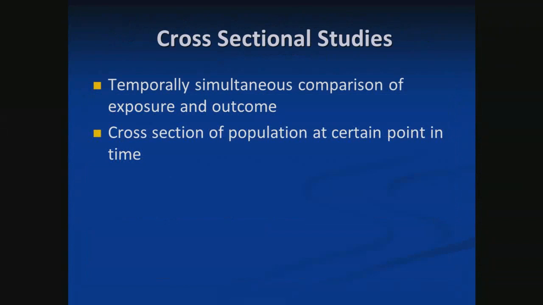Okay, cross-sectional studies I'm going to cover very briefly. They're essentially a simultaneous comparison of exposure and outcome. Okay, so we don't have any element of looking back. We also don't have the manipulating of controls and cases, because just like the cohort study, we're looking at a population. We're not bringing our control group separately and our cases separately.